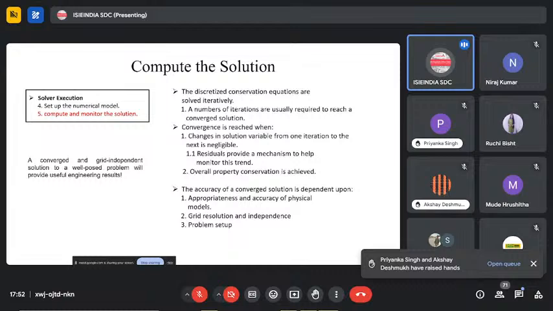We should ensure the grid is fine enough to capture the important details, but not so fine that it wastes computational resources. To check that the solution doesn't change significantly, we go for a grid independence test. A converged, grid-independent solution to a well-defined problem will yield accurate and useful engineering results.